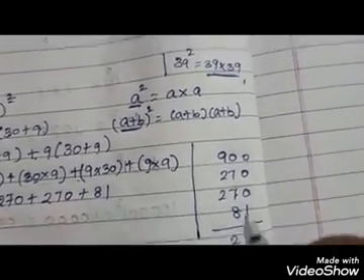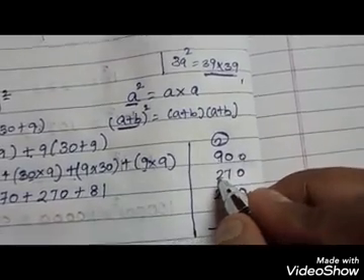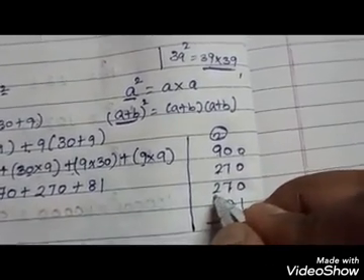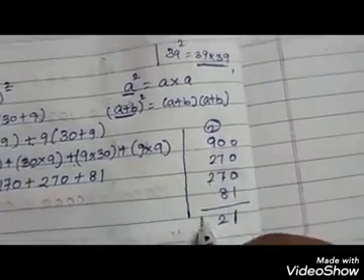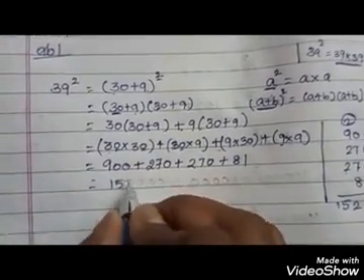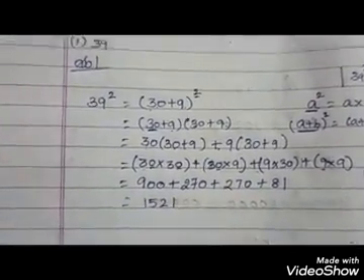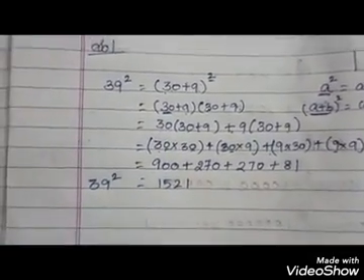So 2 and carry over 2. So 9 plus 2 is 11. 11 plus 2 is 13. So 13 carry over 2 you get 15. So the value is supposed to be 1521. So 39 square, the value is 1521.